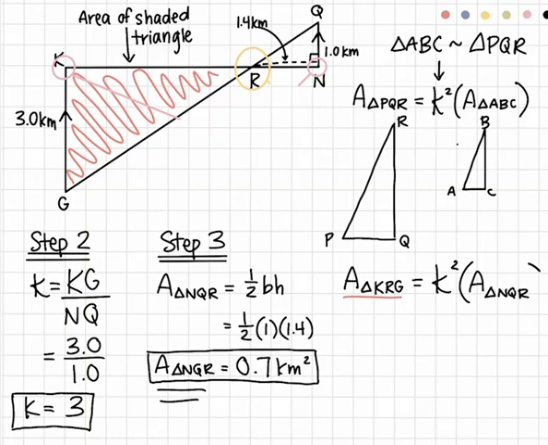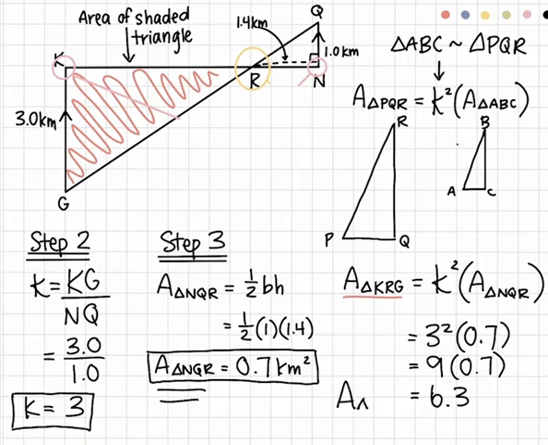NQR. So what we can do now is just substitute. So that equals 3 squared times 0.7, which equals 9 times 0.7, which equals 6.3. So the area of triangle KRG is 6.3 kilometers squared.